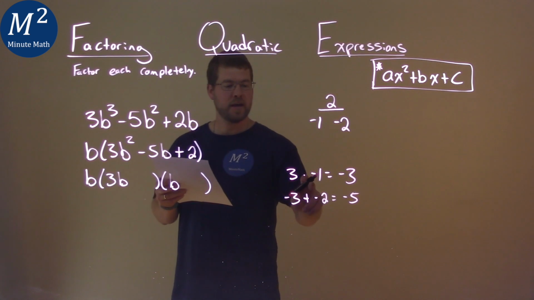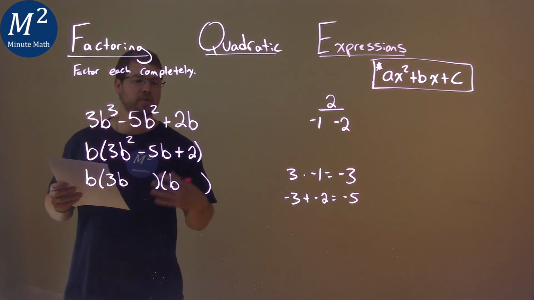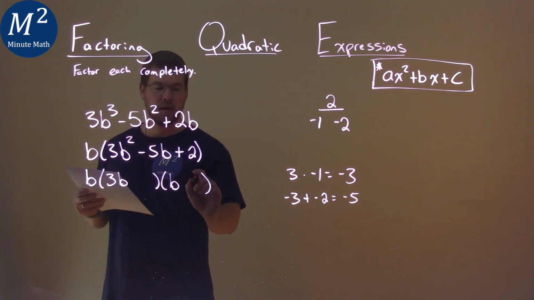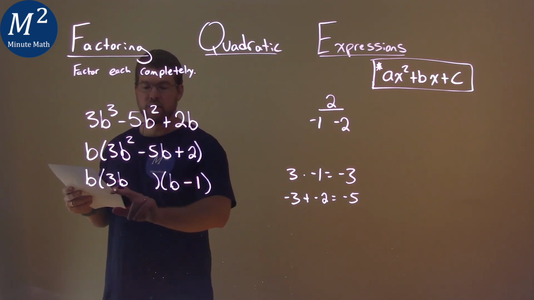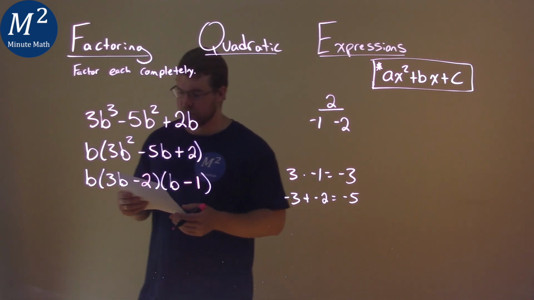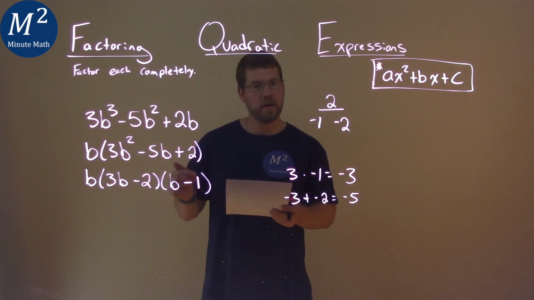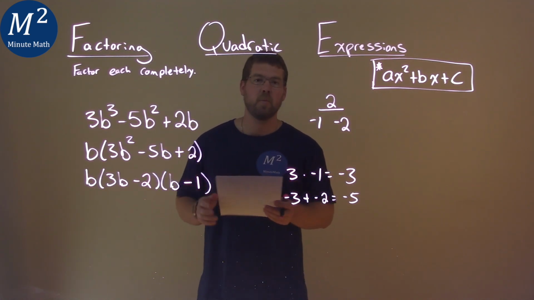So our two numbers are the negative 1 and negative 2, but the order is what we're really caring about. The 3 gets multiplied by the negative 1. So we put a minus 1 on this side, because that's what causes the 3 to be multiplied by the negative 1. Put a minus 2 here, and now we have our final answer. b times 3b minus 2 times b minus 1.